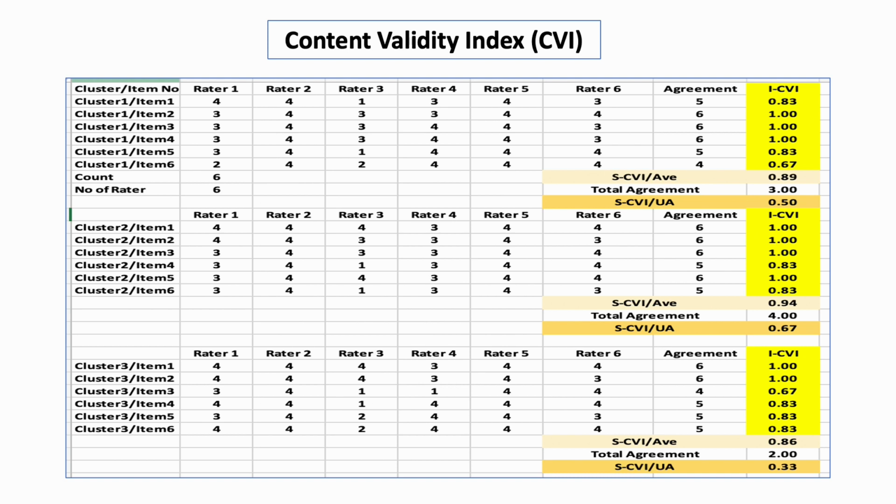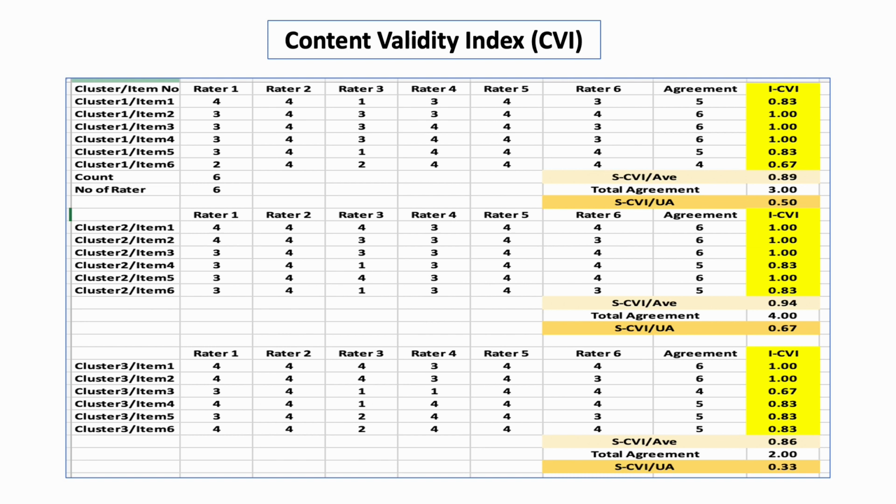What we look at is the second-last column on the right, the agreement. Agreement is met if the raters rate the item 3 or 4. So 3 and 4 are considered as an agreement. Right.